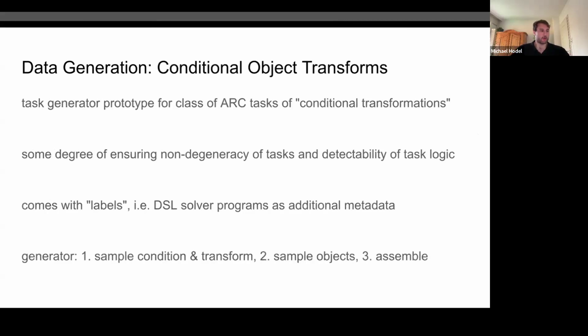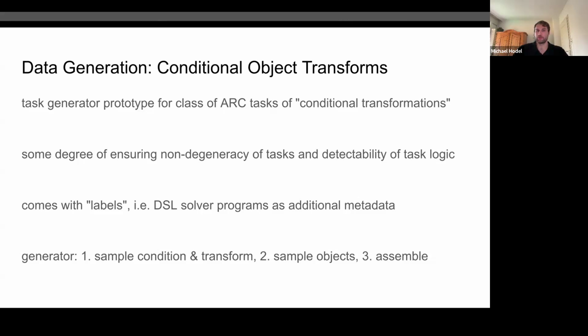The first idea was looking at the ARC tasks and trying to tag or classify them. One schema that neatly covers many ARC tasks is this idea that you have some set of objects, and based on whether or not they satisfy some condition, you transform them.